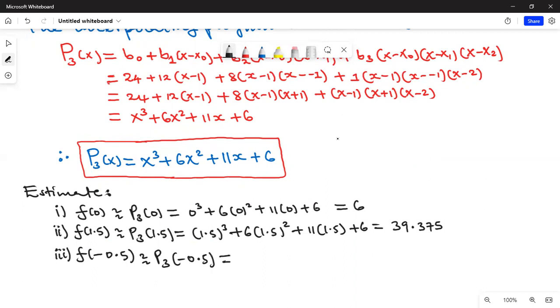And so again, replace x with negative 0.5. That is negative 0.5 cubed plus 6 times negative 0.5 squared plus 11 times negative 0.5 plus 6. And so this should give us 1.875.